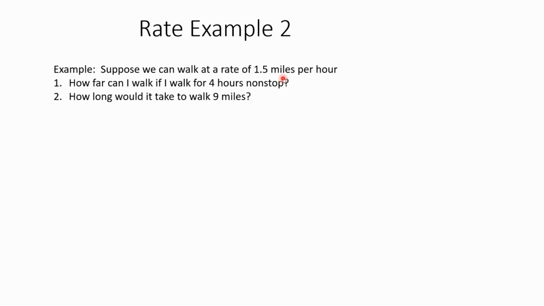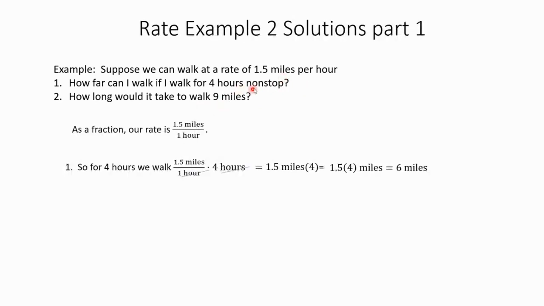Well, again, let's use rates. We can make a rate, so we have 1.5 miles per hour. So we made our fraction. That's our rate. Now, if we're walking for 4 hours, again, we want our unit to be in terms of miles.